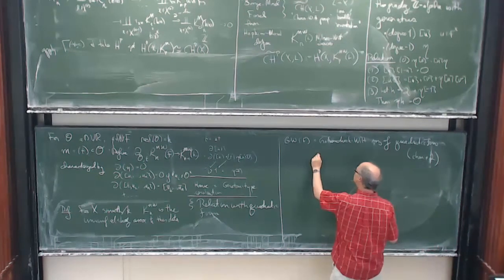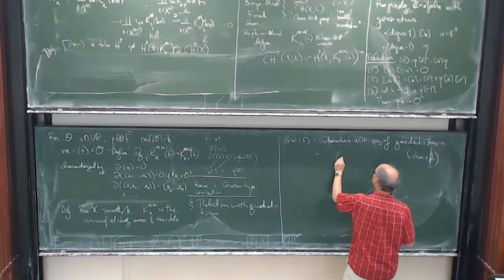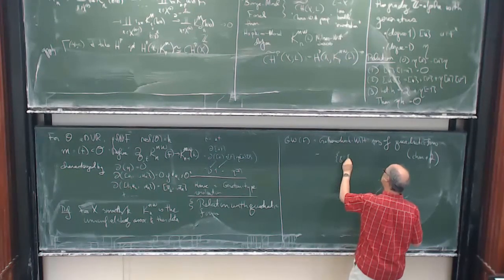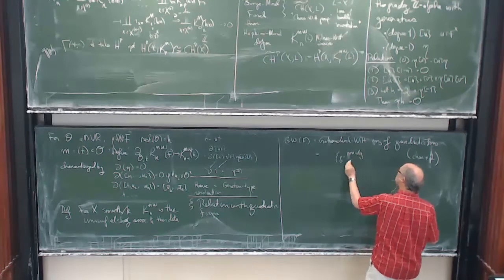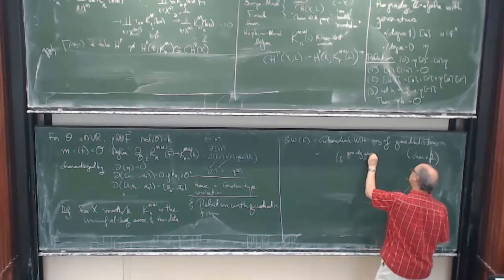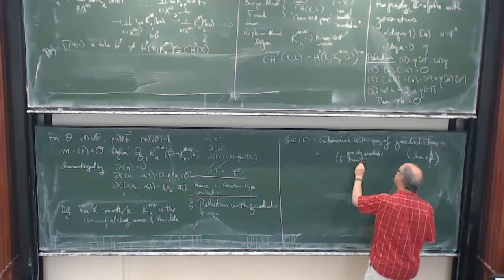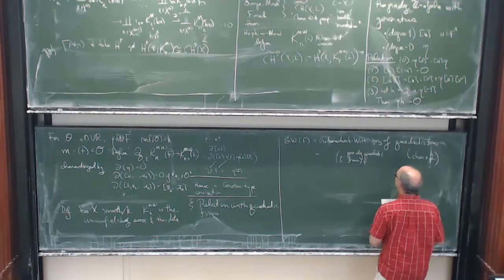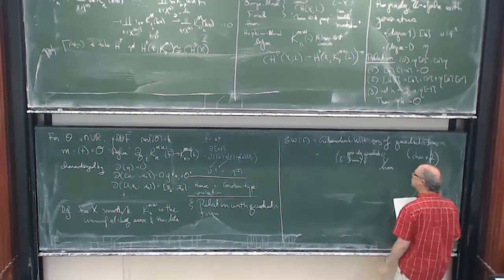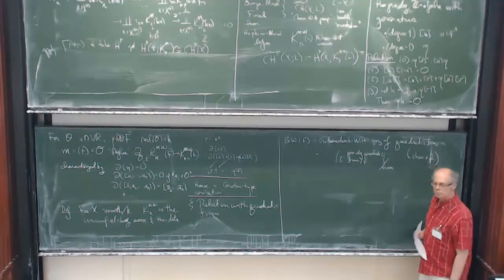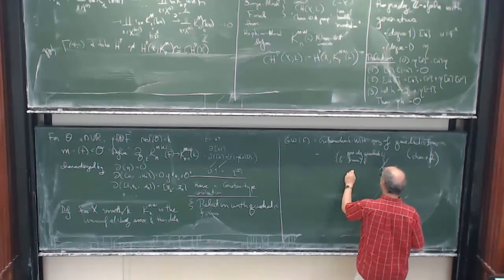So what is this? You take the set of Q, which is a non-degenerate quadratic form with coefficients in F. Then you take it up to isometry, in other words, up to linear change of variables. And this thing is a monoid.